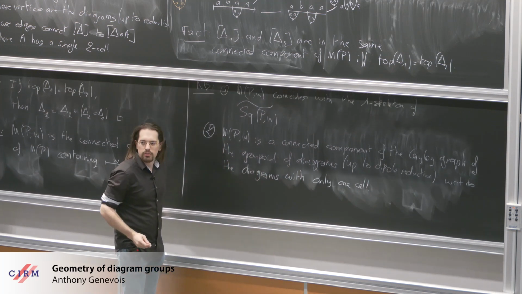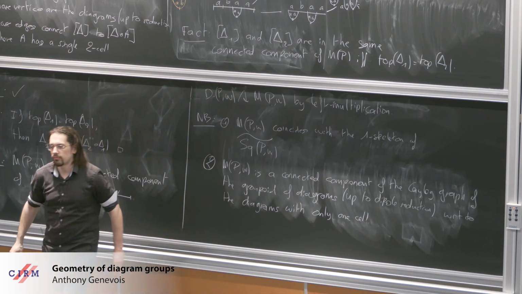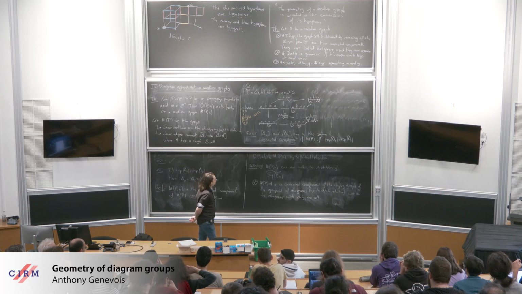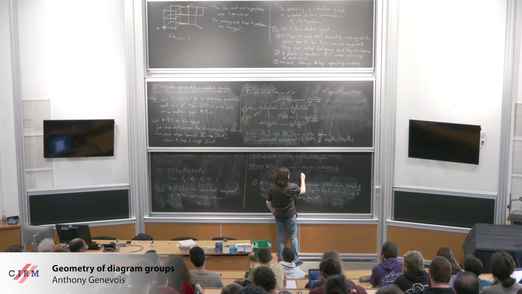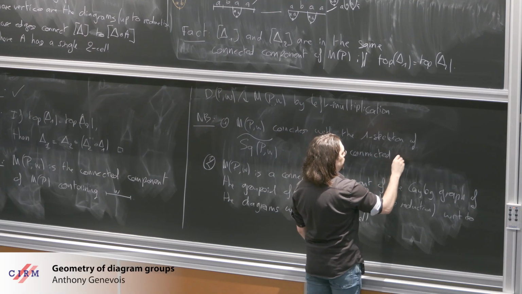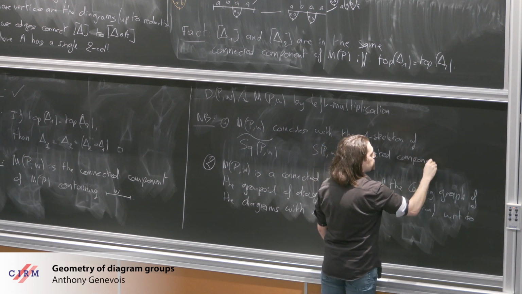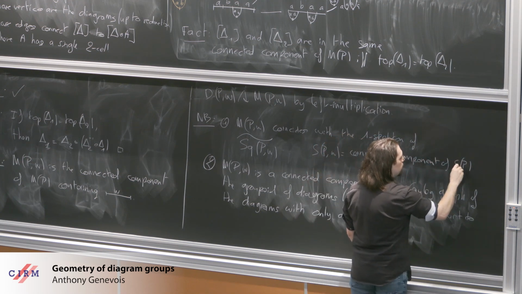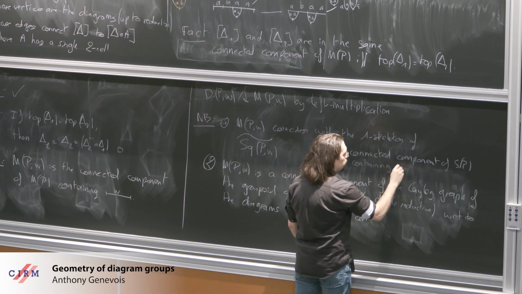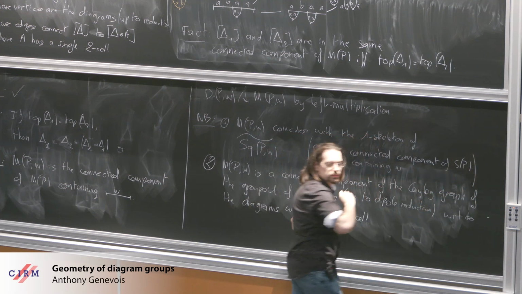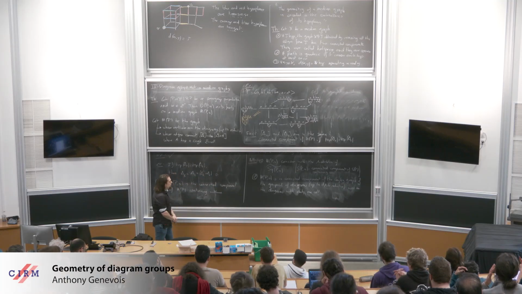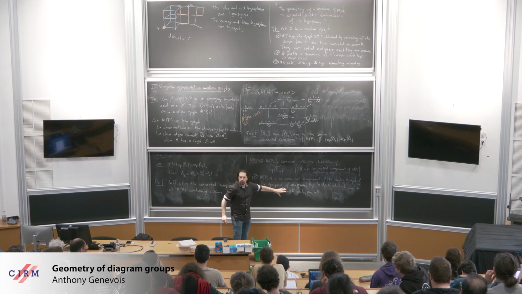So that's just a fancy way. Yesterday we defined the square complex, but not based on the word. In this case, SPW is a connected component of SP containing W. So this is really just a fancy way to say what I just said.